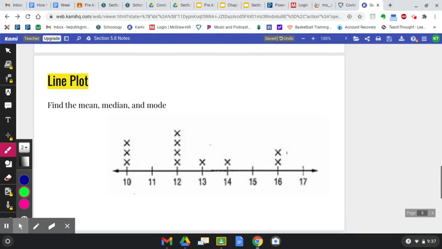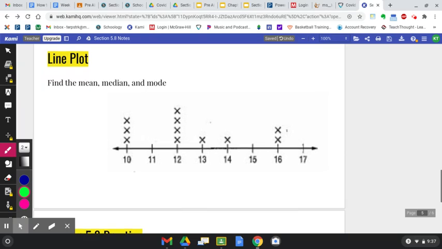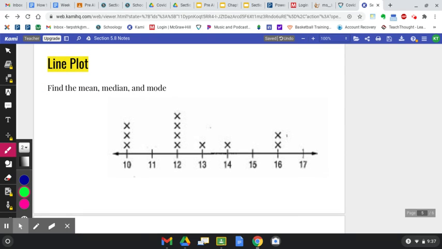Now, looking at a line plot to find mean, median, and mode, we have to understand what this is actually telling us. What this is saying is that I have 3 sets of points that are 10, 4 sets of points that are 12, 1 that's 13, 1 that's 14, 2 that are 16.